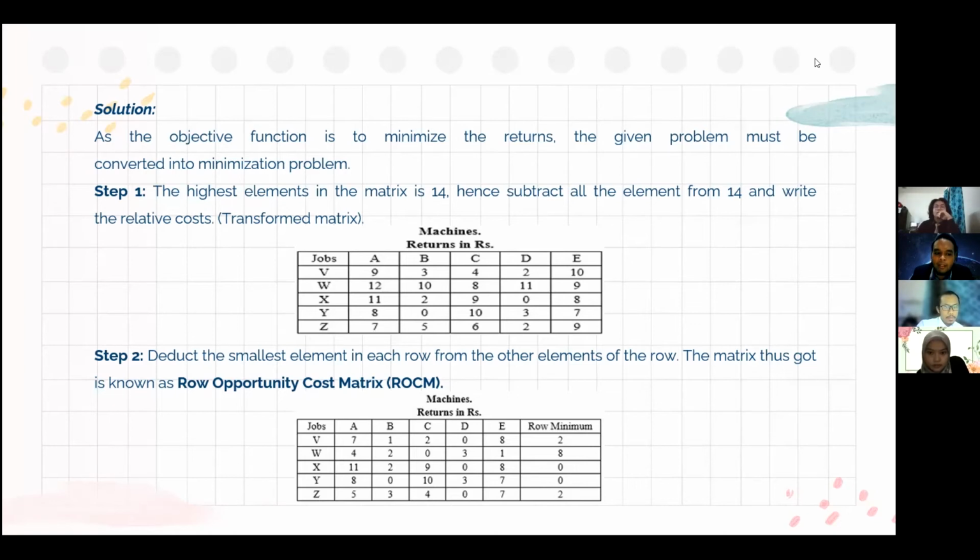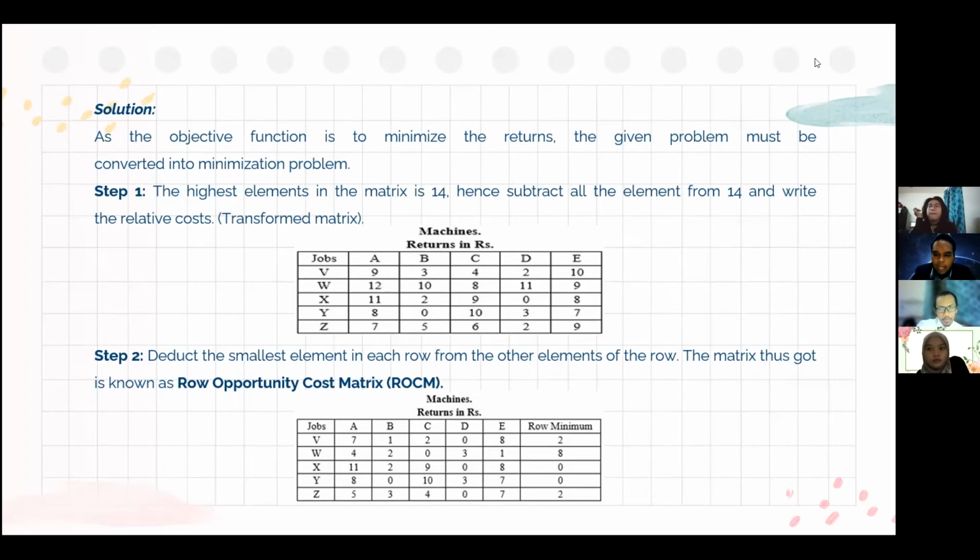Once this has been done, the entries in the matrix give the relative cost. Hence, the problem becomes a minimization problem. Once the optimal assignment is obtained, the total value of the original payoff measure can be found by adding the individual original entries for those cells to which assignment has been made.